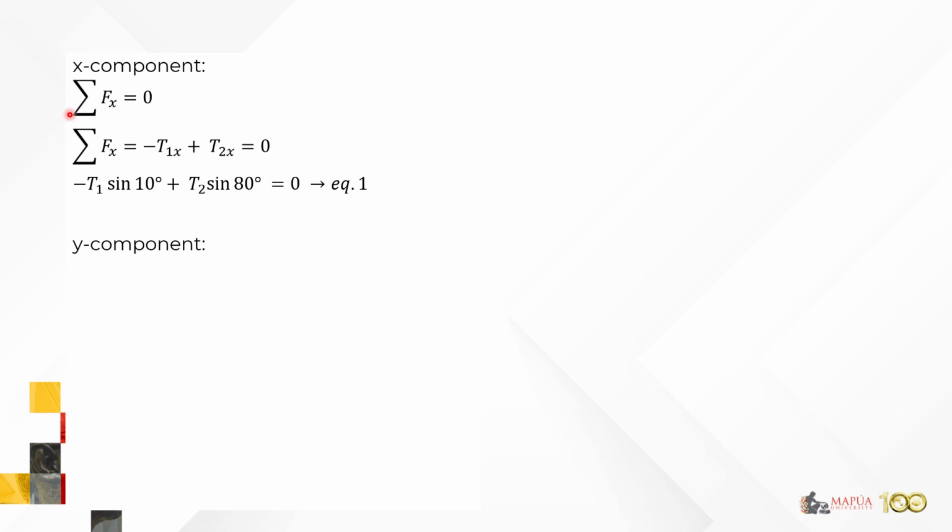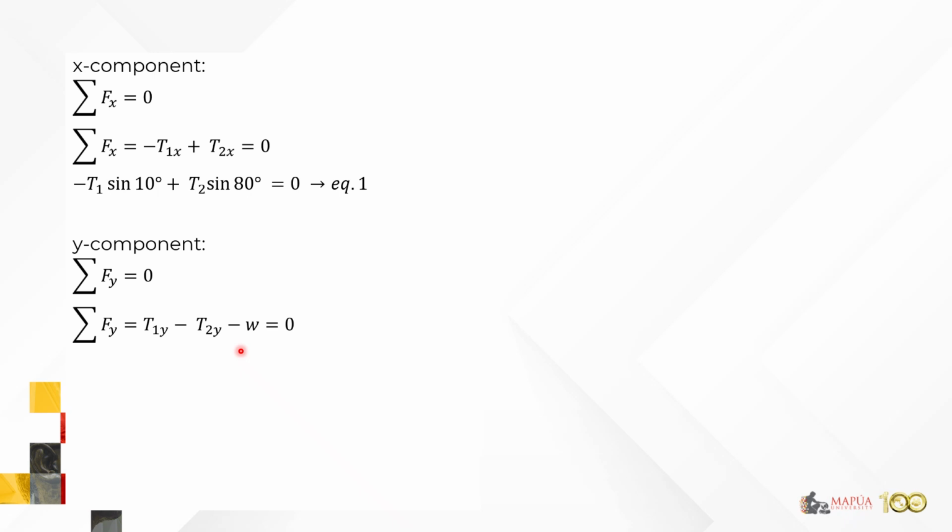Actually, we're just going to do the same thing. Summation of y should be equal to 0, and then T sub 1 minus T sub 2 sub y minus weight should be equal to 0. Again, make sure you have the correct signs for the directions.